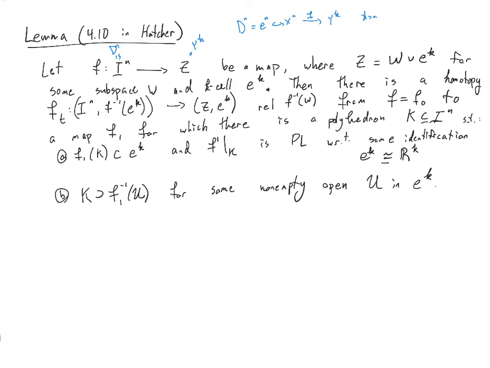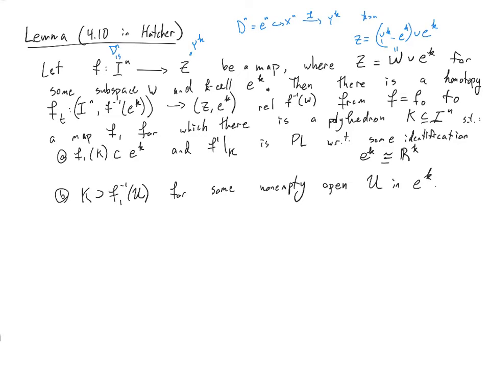Right, so we have this map, and Z is supposed to be a subspace W adjoined with a k cell. So what I want to think about is that Z is equal to Y^k minus e^k union e^k. So our W is going to be that guy, Y^k minus e^k, for the purpose of this, and we have this k cell.